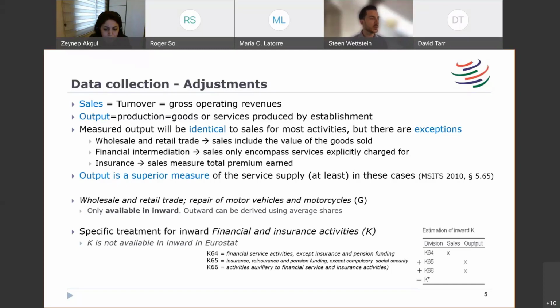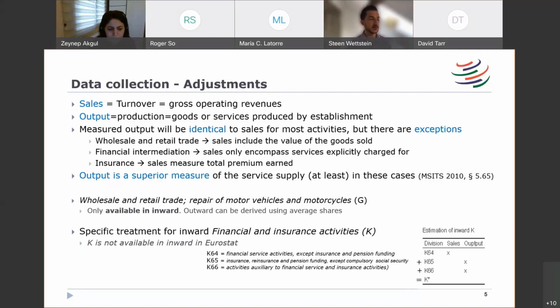So what we do here in our analysis is that we take the outputs variable for the wholesale retail, the industry G, and we do have a specific treatment for the financial industry, the aggregated industry K in Eurostat.